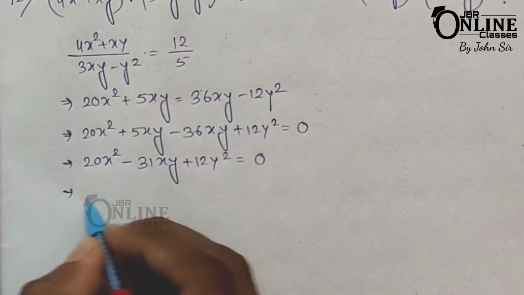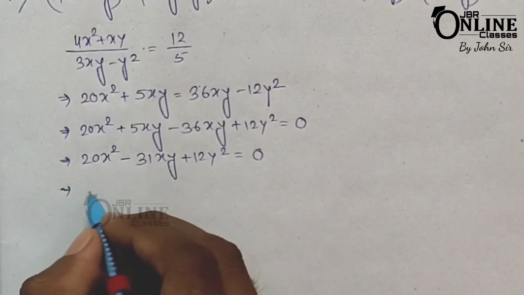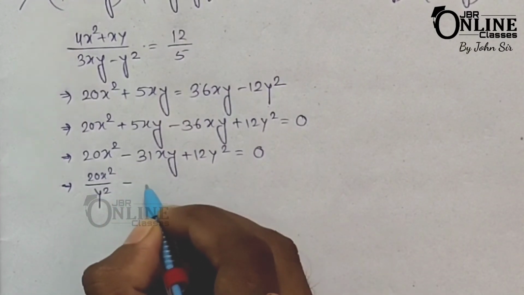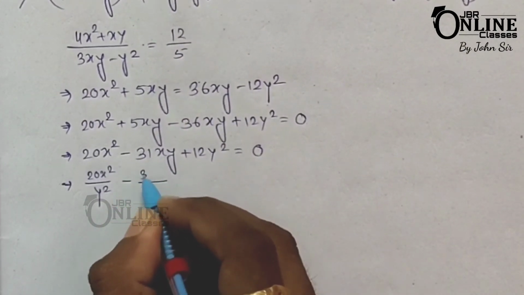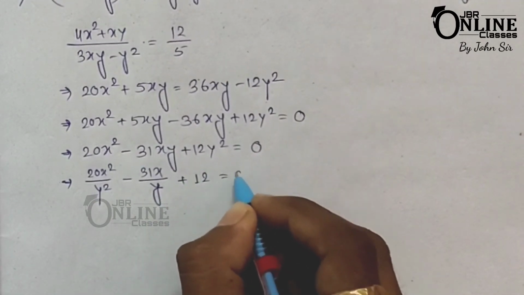Okay, so first if you divide by y square, then you will get 20x square by y square minus 31x by y, and the last term only 12, equals 0.